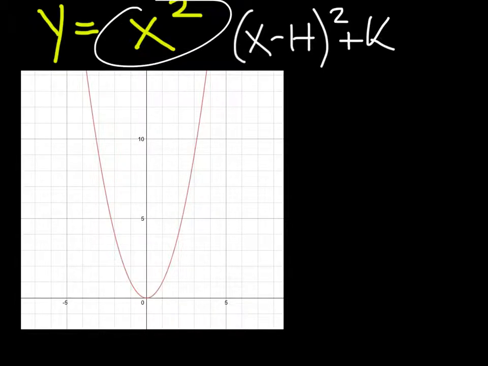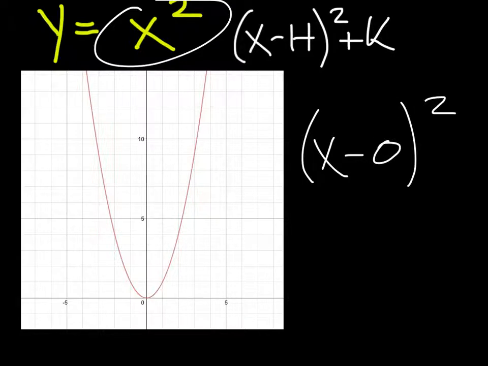X squared. Could I not write x squared as the quantity squared of x minus 0? If I take 0 away from x, does it change the value of x? No. So I can write it like that. And is there anything out here to the end of this yellow equation? Any numbers, any constants? Anything written after x squared?